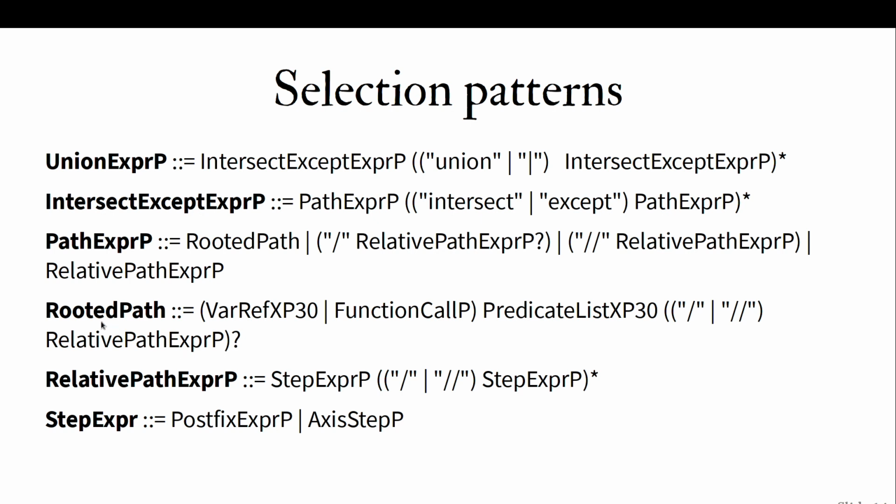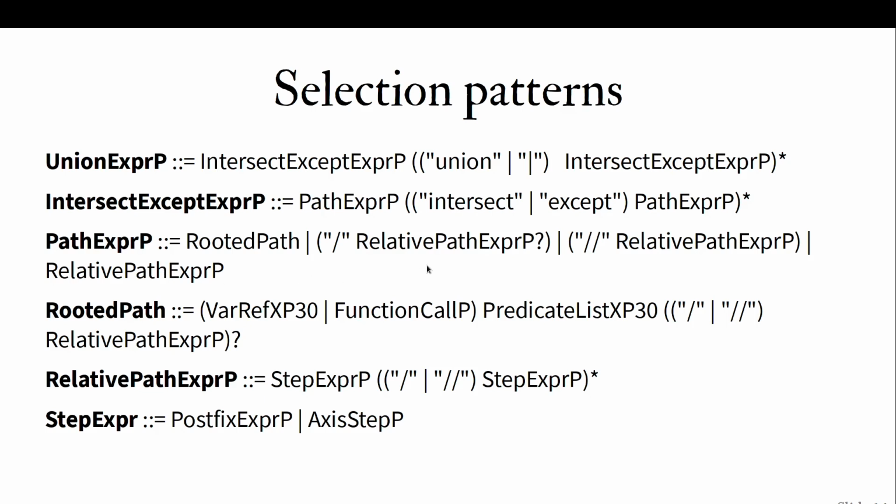So if we take all this thing on the right of the colon equals, and we replace rooted path up on the third line with that thing on the right, and then we simplify all the relative path exprs and the slashes, we discover we've actually got something really quite simple.